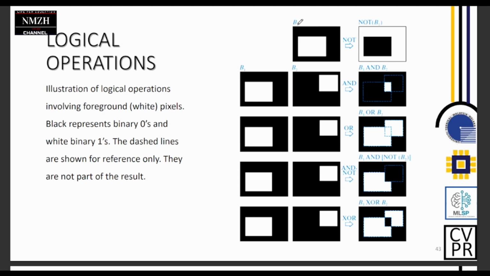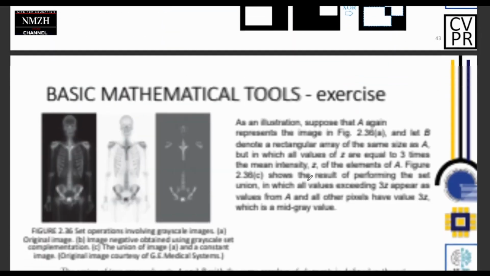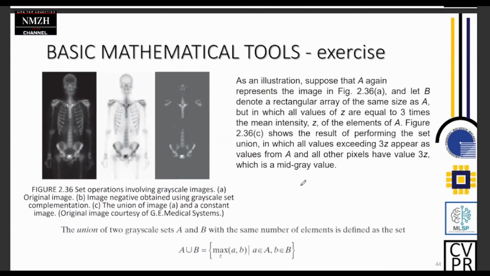This one is B and this one is not B. So B and B, N would be this portion: the intersection between image number 1, B1, and image number 2, B2, right? So this one is union, and this one is and, not, and XOR. Okay, this one is an example of basic mathematical tools.